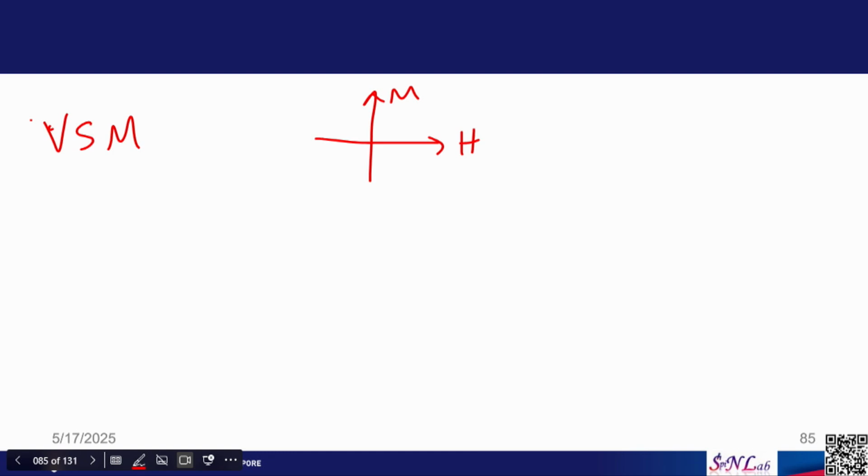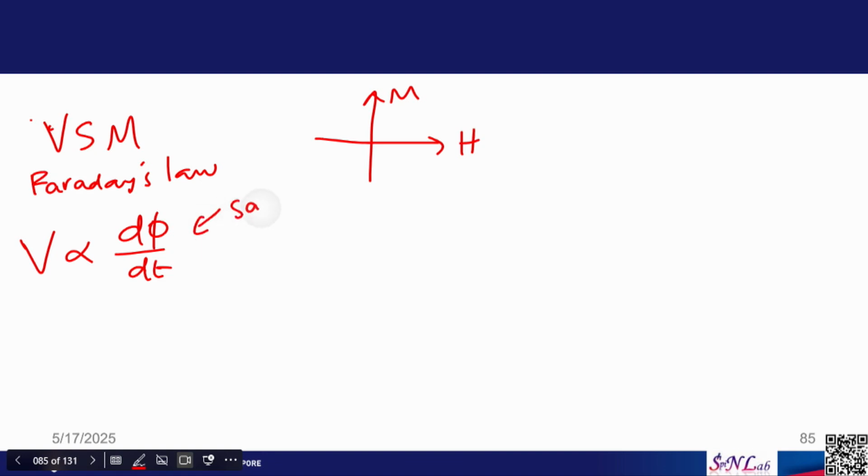Particularly, the vibrating sample magnetometer relies on Faraday's law of induction, which states that if there is a time varying magnetic flux and you have a pickup coil in the vicinity, then the pickup coil will pick up a voltage proportional to the time varying magnetic flux. This magnetic flux comes from your sample.